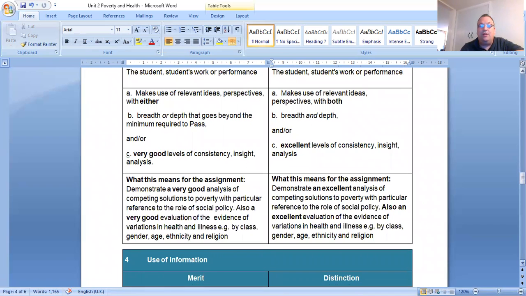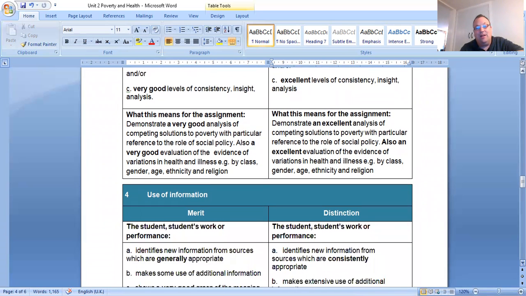Grade descriptor 2 is use of information. So this is good analysis of the competing solutions, good evaluation of evidence for health and illness. So what we're saying here is tasks 1 and 2, both tasks need to be demonstrated are good. We've got the phrase here, relevant ideas, breadth and depth, if you're difference between merit and distinction, good levels of consistency, insight and analysis.